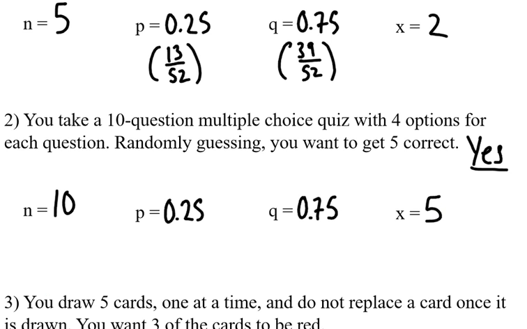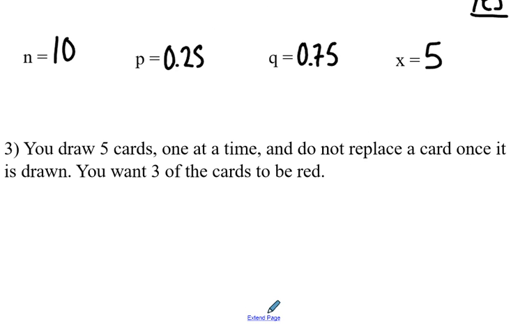Success. Last one, you draw 5 cards one at a time and do not replace a card once it is drawn. You want 3 of the cards to be red. This is not a binomial experiment. And the reason why is because you do not replace the card.